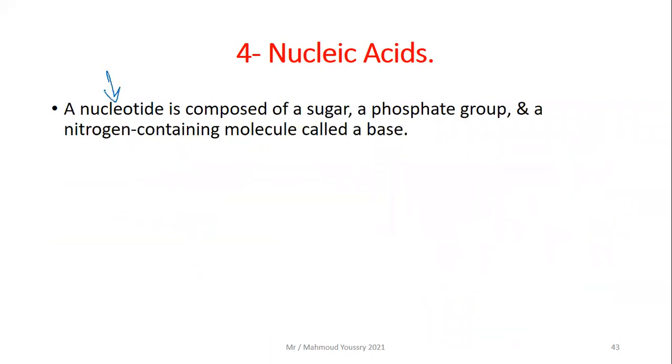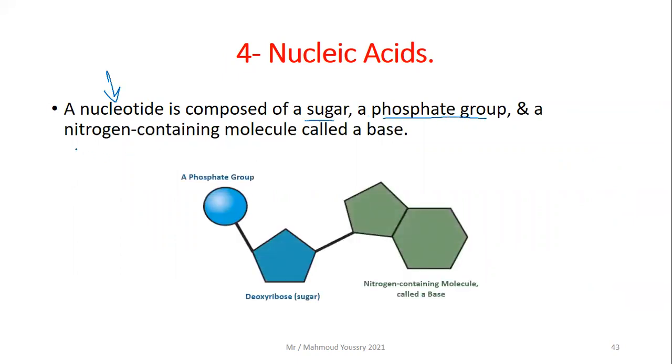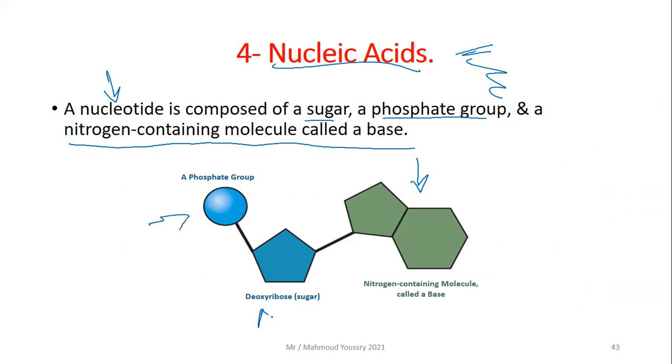A nucleotide is composed of a sugar, a phosphate group, and a nitrogen-containing molecule called a base.